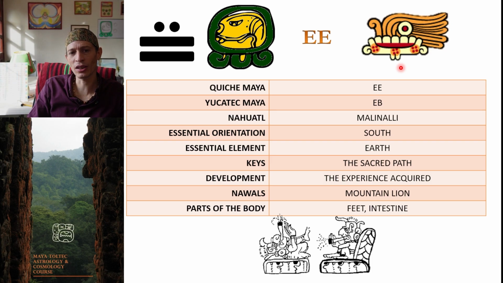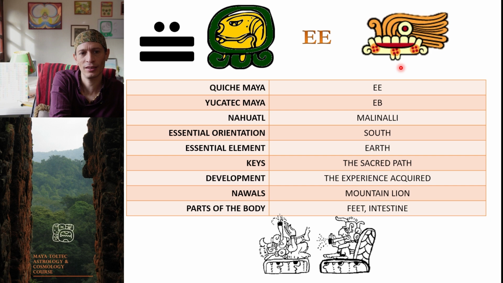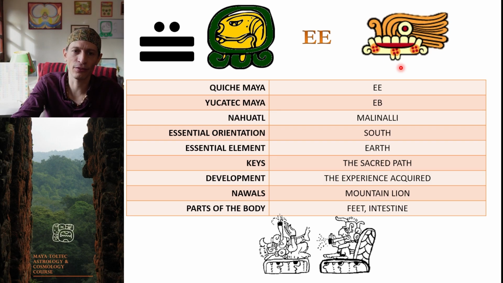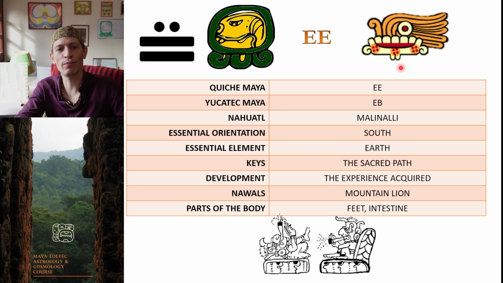And when they become older, as they age, if they achieve their sign, if they meet their destiny, if they learn from their Nahual, then they can become very wise people, because they've been through it, they've been there.